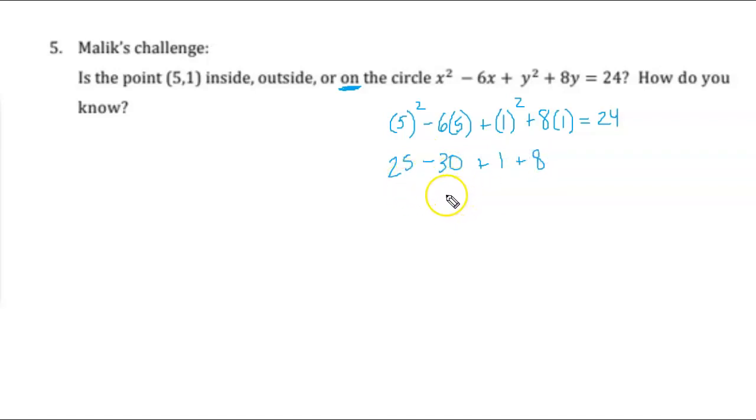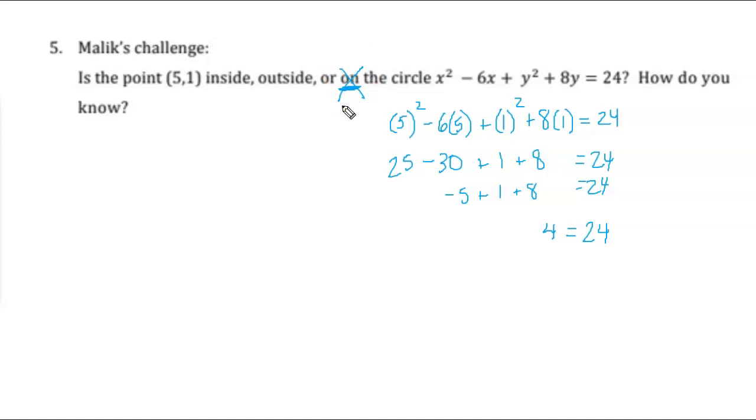So 25 minus 30 is -5, plus 1 plus 8. And we have -4 plus 8, which would be 4. So it looks like we did get a false statement. 4 is not equal to 24. So we know that this point is not on the circle.